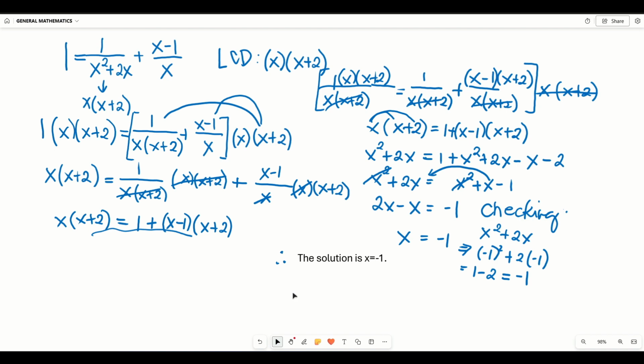And kung hindi siya magbibigay ng 0, then they will be part of your solution. Otherwise, kung magiging 0 siya, extraneous root siya or extraneous solution, then sa conclusion mo, hindi mo siya isasama.